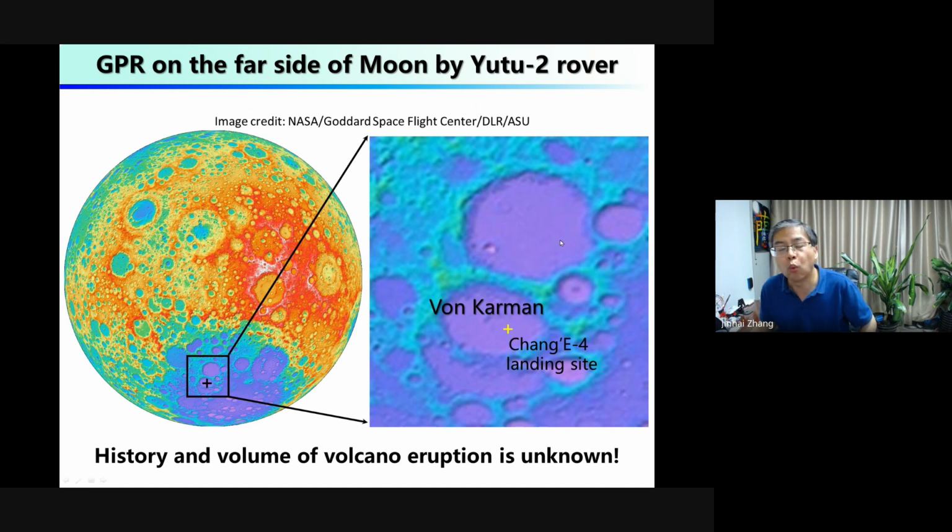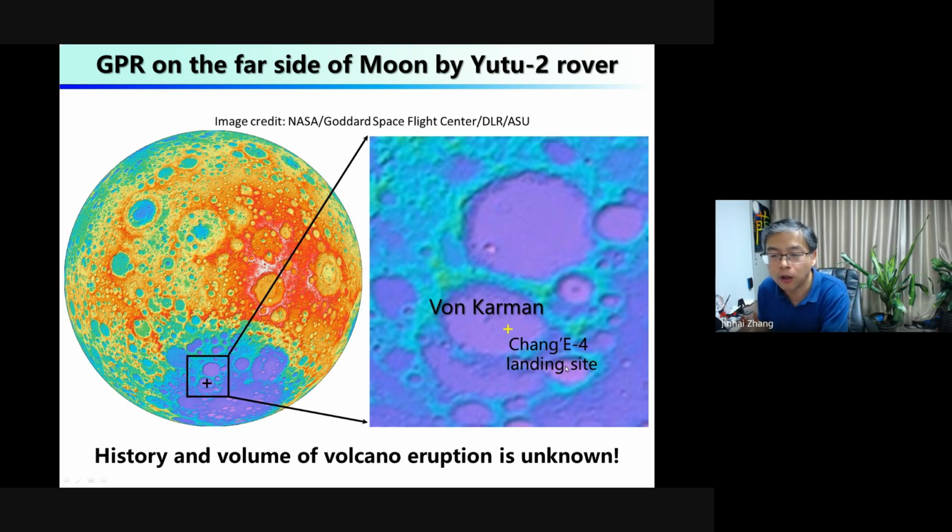But on the surface we can only see the regolith layer. We can't see the basaltic layer. So what is the depth of the basaltic layer, and how many layers are there? It's very difficult to determine without GPR detection or some other geophysical detection.